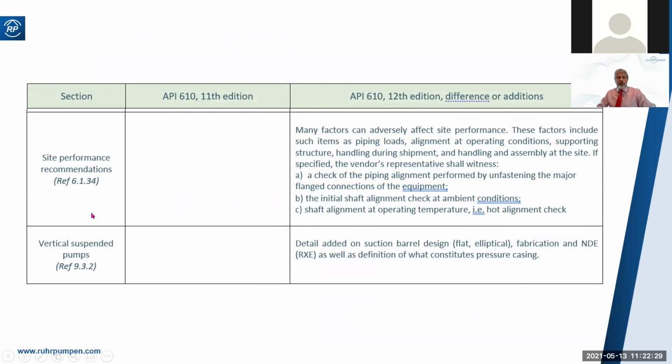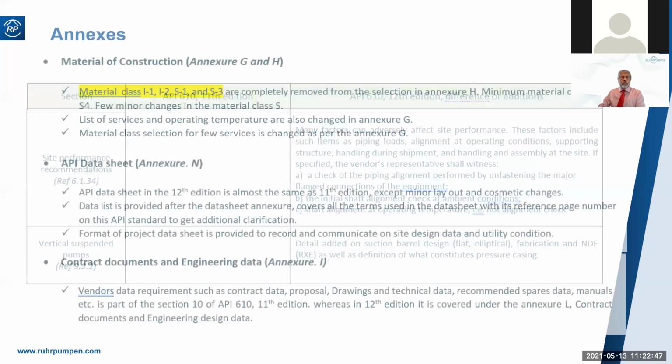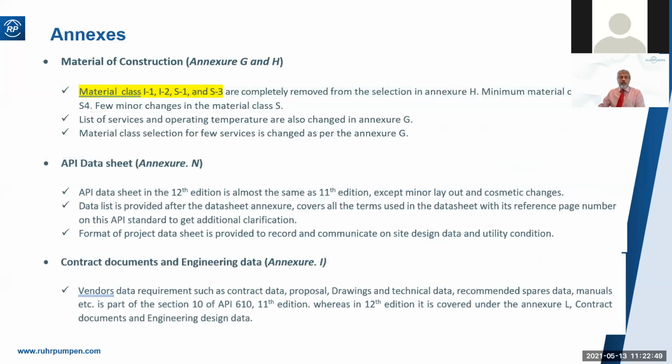Site performance recommendations. This is a good new requirement, getting the vendor involved in site installation and testing. Probably not necessary on smaller, simpler installations, but critical for more complex pumps. This is significant.